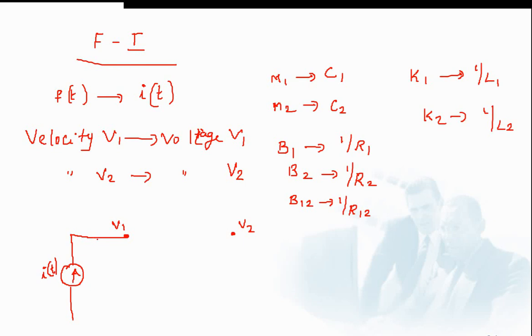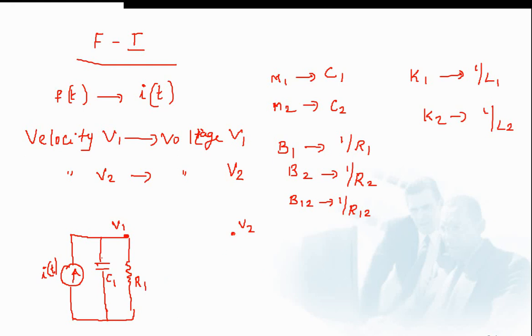So corresponding to the mass M1, we can draw a capacitor C1, and corresponding to V1, we can draw a resistor R1. This is C1 and this is R1.